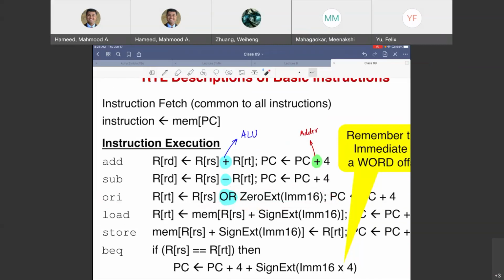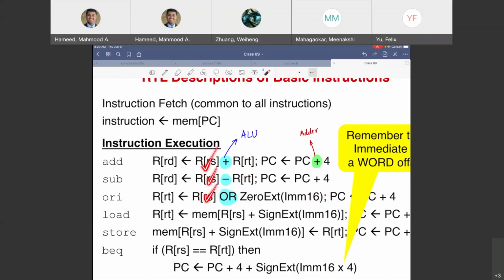Now, what is the ALU getting as the input? Well, you see, register, register, register, register, register, not a register. So what does that mean? The ALU inputs should be selected depending on what type of instruction is being executed. So what am I selecting over here? Oh, by the way, RS is the same, right?